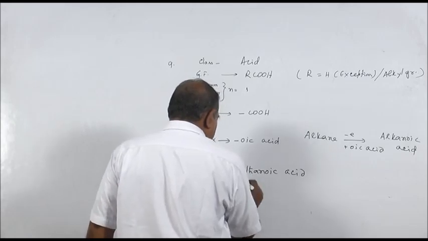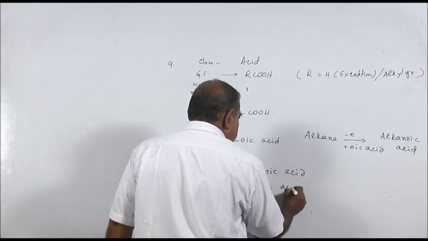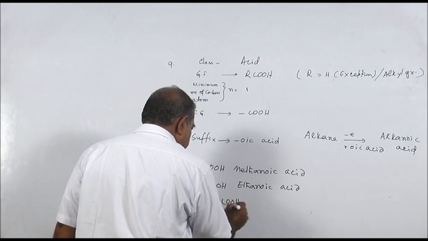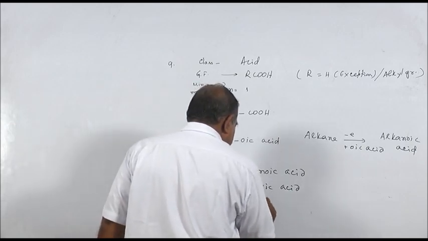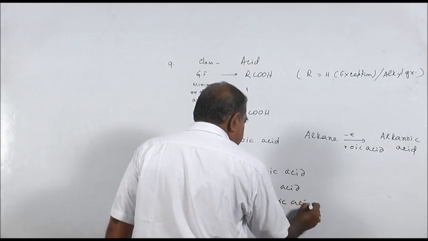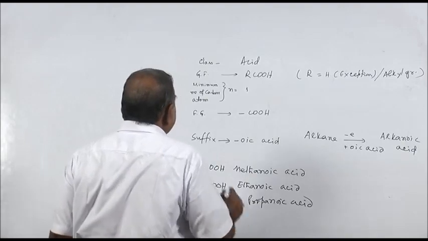CH3COOH is ethanoic acid. It contains, say, 3 carbon atoms, propanoic acid, and so on. This is regarding acid.